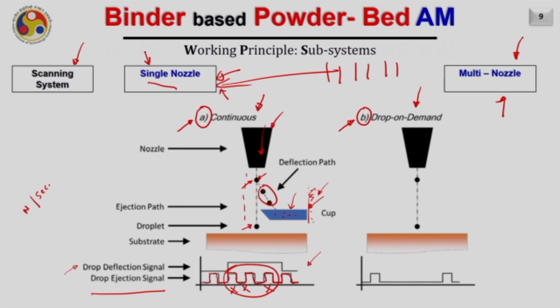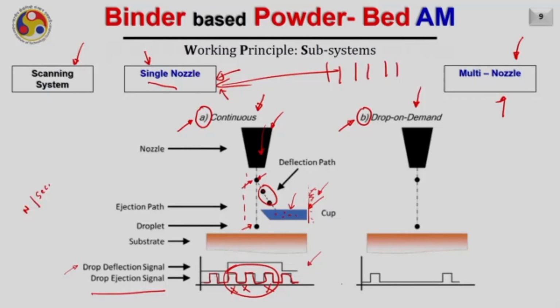In the drop on demand system, the nozzle doesn't provide the ink continuously. It provides you a drop whenever it is required. It is not continuously injecting the drops. It has a mechanism which provides you the right amount of material at a particular time only.